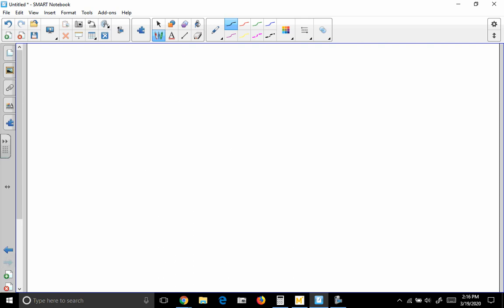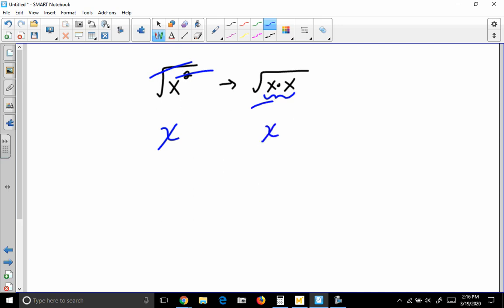Now remember, anytime we have something squared under a radical, that could also be considered x times x. So if we're taking a square root and we have the same factor twice under the radical, the square root and the square undo each other. So we have that factor twice, it's squared, those undo each other, so we get that factor out one time.